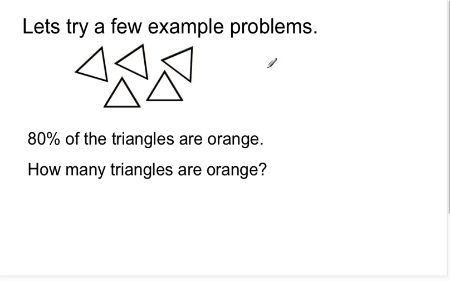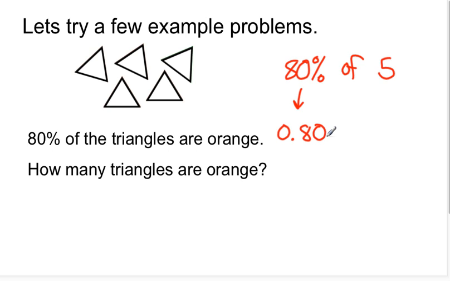Well, we don't know yet, but what we're going to do is take our 80% of 5. And we'll turn 80% into a decimal, which would be 0 and 80 hundredths, or 8 tenths, and we're going to multiply it by the amount we have, which is 5.